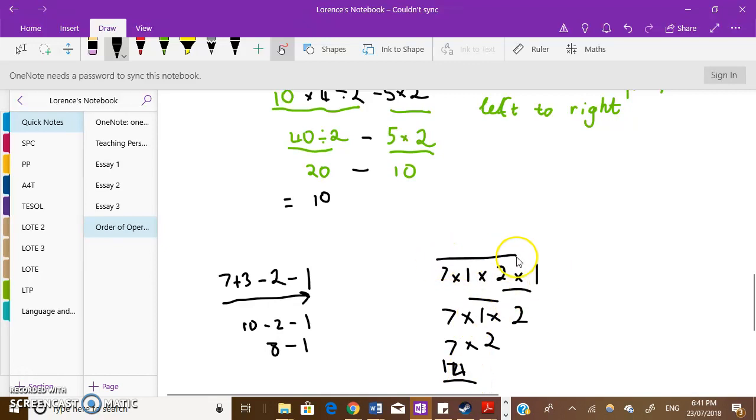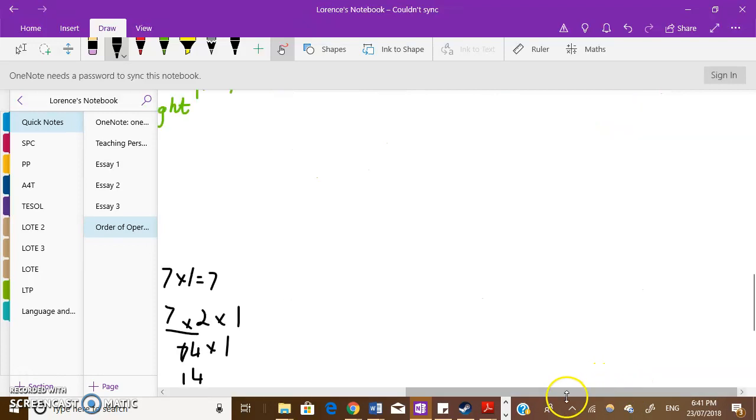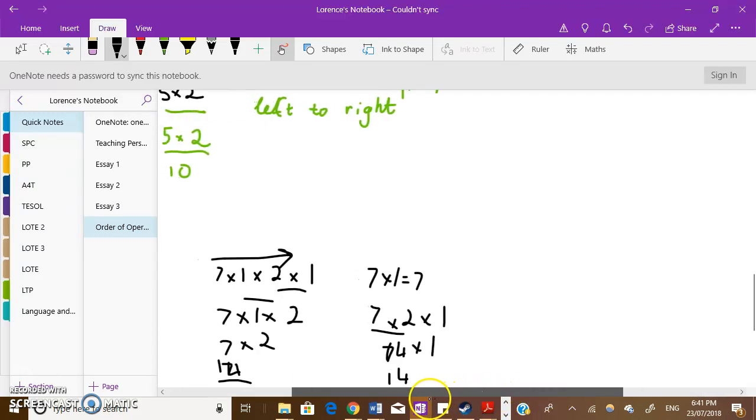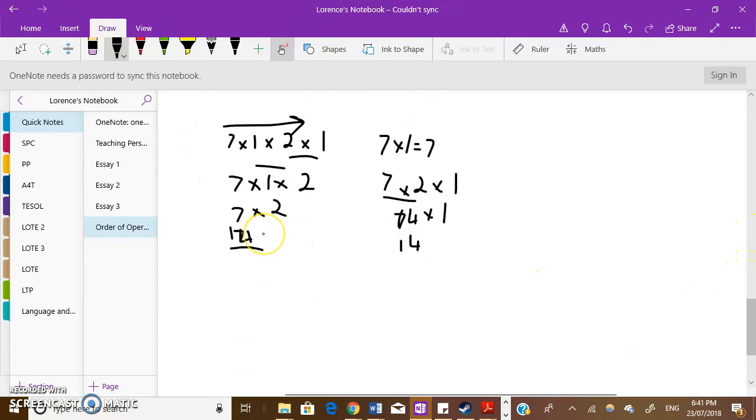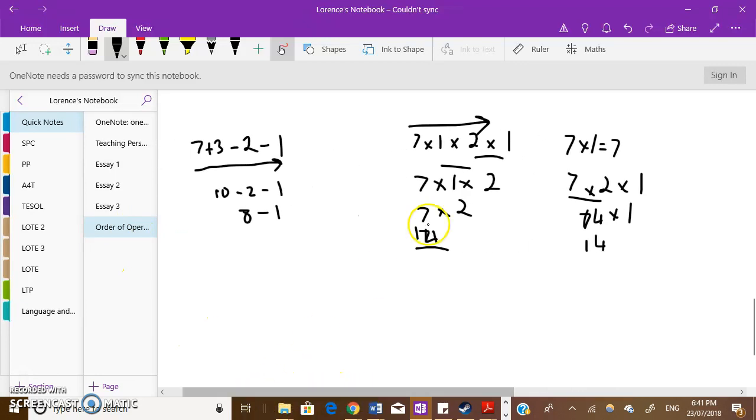But if you were to solve it going the other way, it would be 7 times 1, which equals 7, then 7 times 2 times 1, which equals 14 times 1, which equals 14. Same answer. So it depends on how you want to do this one. But when it comes to addition and subtraction, you must make sure that you solve left to right. But if it's only multiplication, you can go in any order.